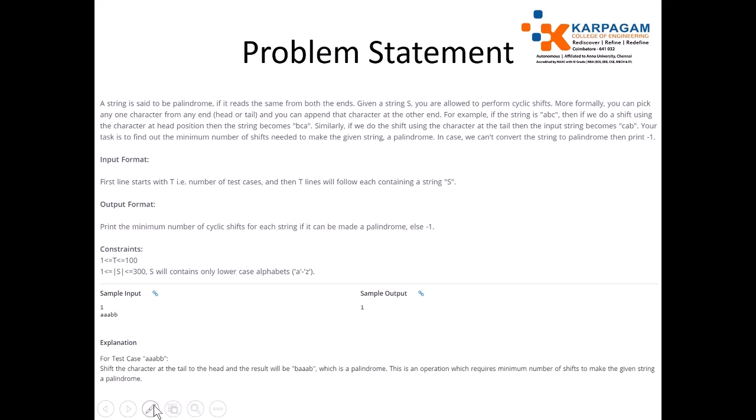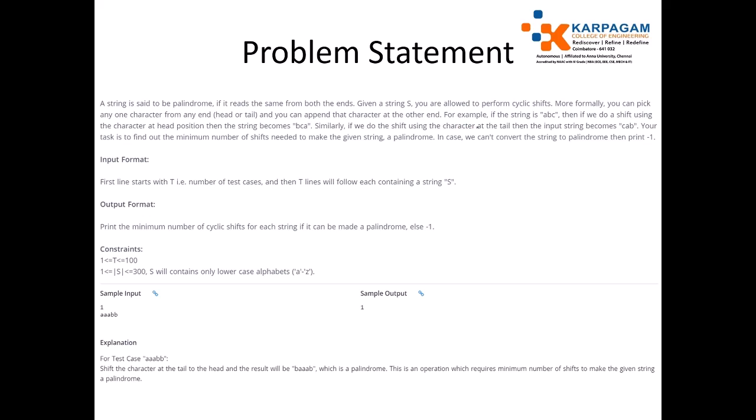A string is said to be a palindrome if it reads the same from both ends. Given a string S, you are allowed to perform cyclic shifts. More formally, you can pick any one character from either end, head or tail, and append that character at the other end.